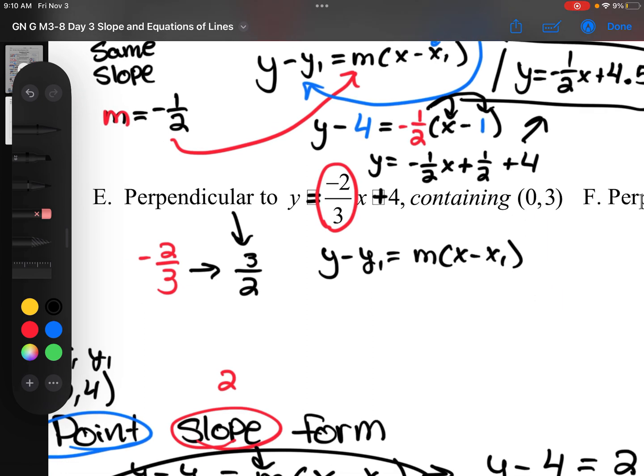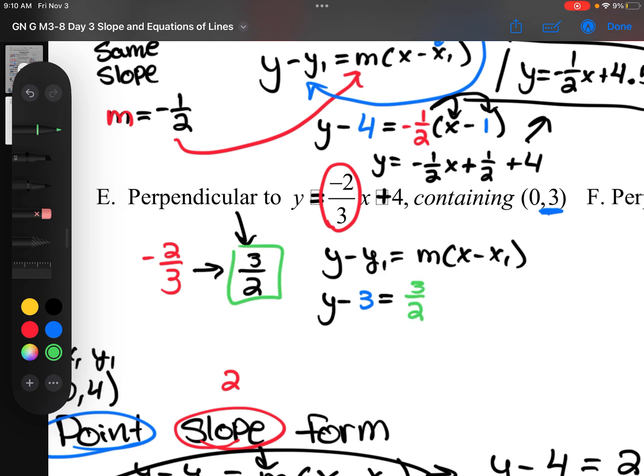Now we're just going to plug in what we have. So y minus, where am I getting the y1 from? Over here, 3, equals m. Where am I going to get the m from? Right here. So all we're doing is plugging into these formulas, and then minus the first x, which would be 0.